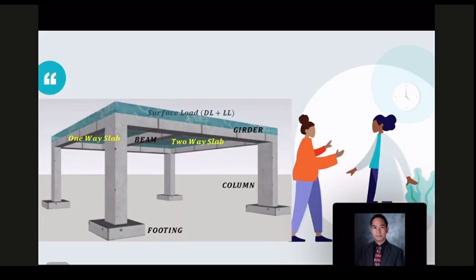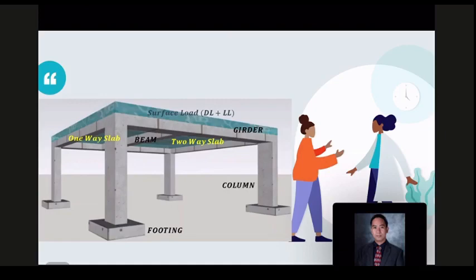Pagka inalis mo yung heavy cabinet na yun, wala na siyang hinahawakan. Those are live load. Tao, mga people. For example, we have conference, may mga tao sa hall, so may load yun na hinahawakan ng building. Pero pag umalis na sila, wala nang live load. So those are the difference between dead load and live load.